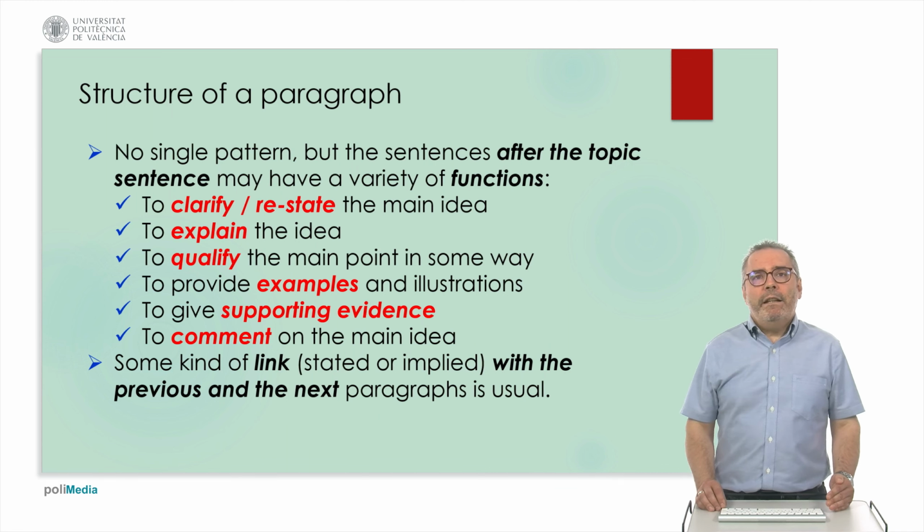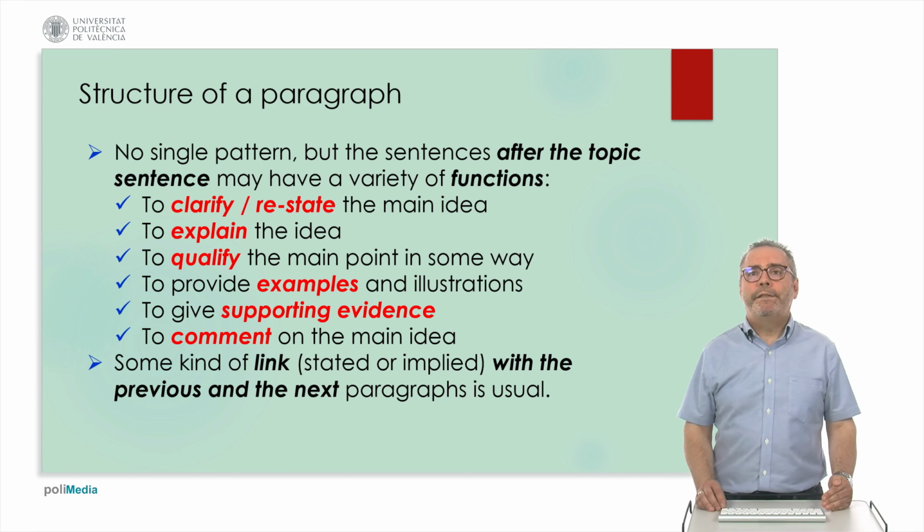There's not a single possible pattern for a paragraph, but the sentences after the topic sentence, which comes at the beginning, as we said, may have a variety of functions. They may be clarifications or restatements of the main idea, explanations of this idea, qualifications in many ways. They can provide examples as well, very typically.